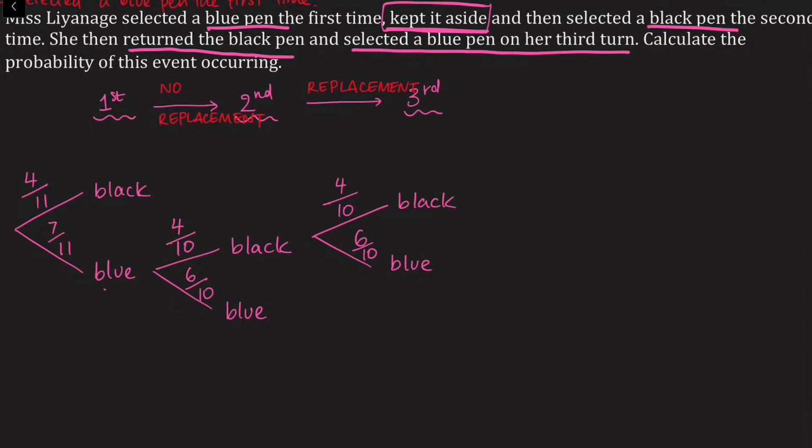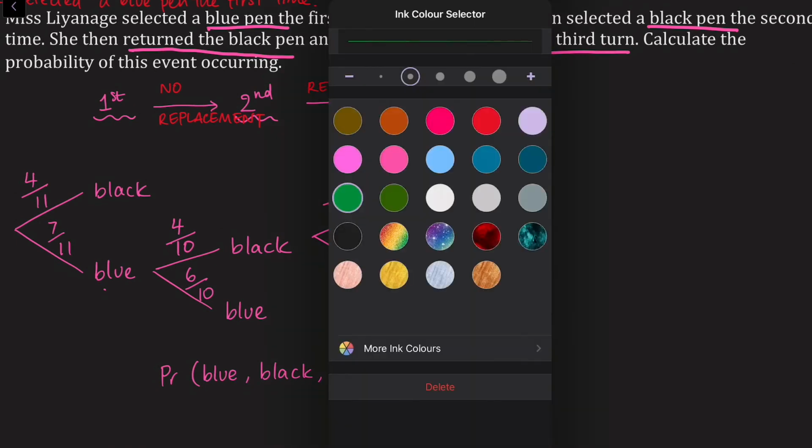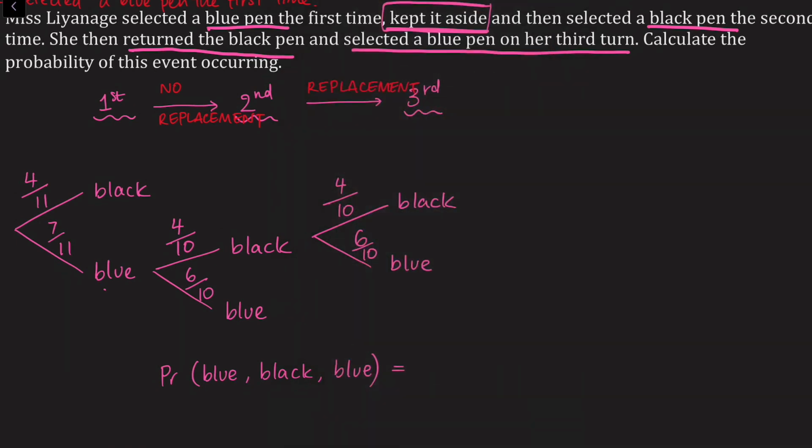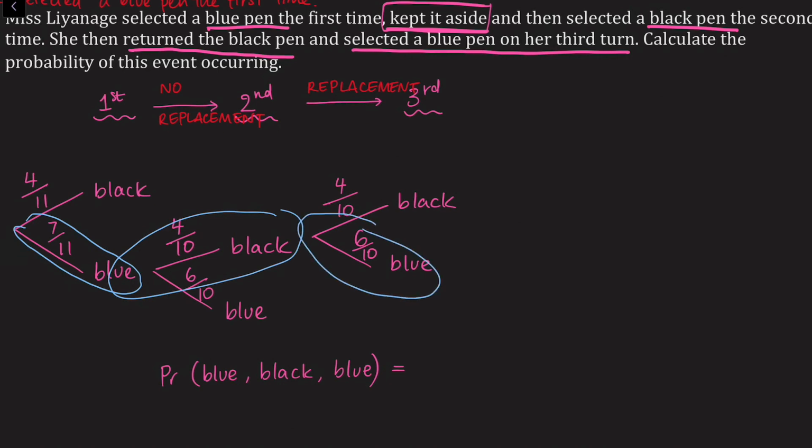So now I need to calculate the probability of this happening. So the probability of selecting a blue pen, then a black one, and then a blue one again. Following this pathway, I'm just going to highlight it in a different color. So we've got basically this, then that, and then that again.